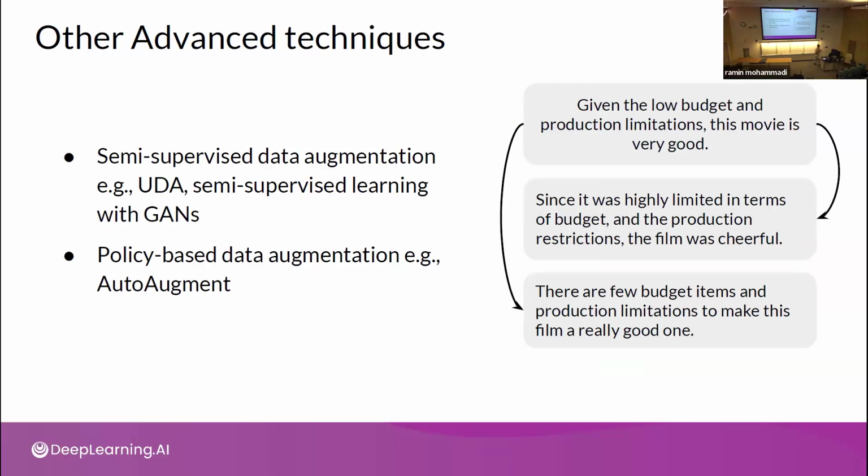For NLP, on the other hand, it's harder to do augmentation. I personally have done some as part of some projects, but you need to be really careful, because augmentation in NLP could be swapping certain words and replacing them, but you need to ensure that the word you inject or replace doesn't change the meaning of the sentence.